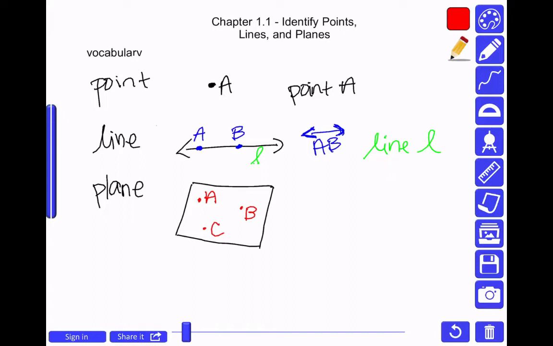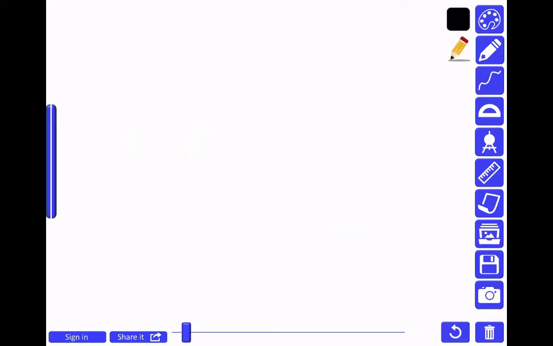So we could call this plane A, B, C, or we could name the plane with a capital letter, and we could call this plane K. So we could label it also as plane K, but that's assuming that you've got this identification on the plane here.